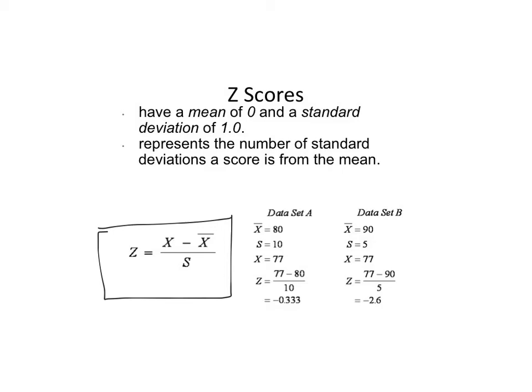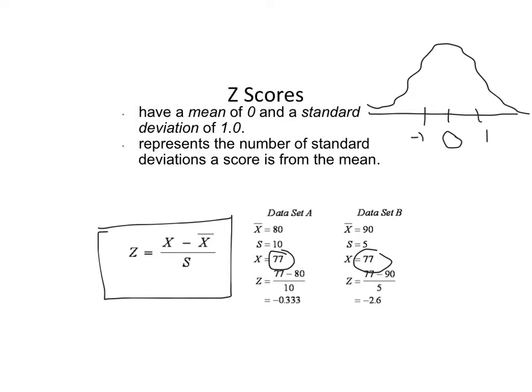And what this allows us to do is, if we go back to our two different classes, we have, let's say, two students who scored a 77 in both of those classes. Now, a z-score, like we said, has a mean of 0 and a standard deviation of 1.